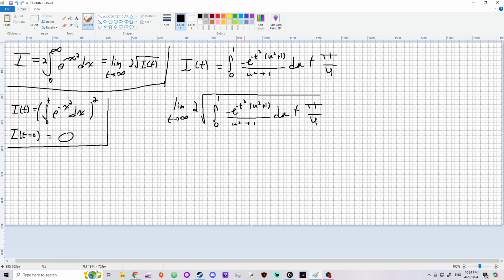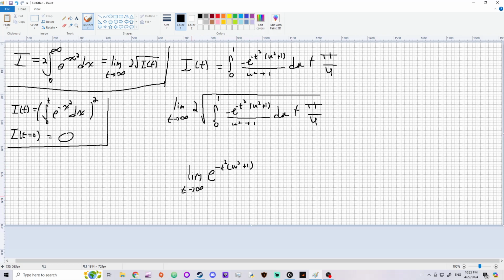Okay, let's evaluate this. T goes to infinity. Limit as t goes to infinity of negative t squared, and then the rest of the terms, u squared plus 1.